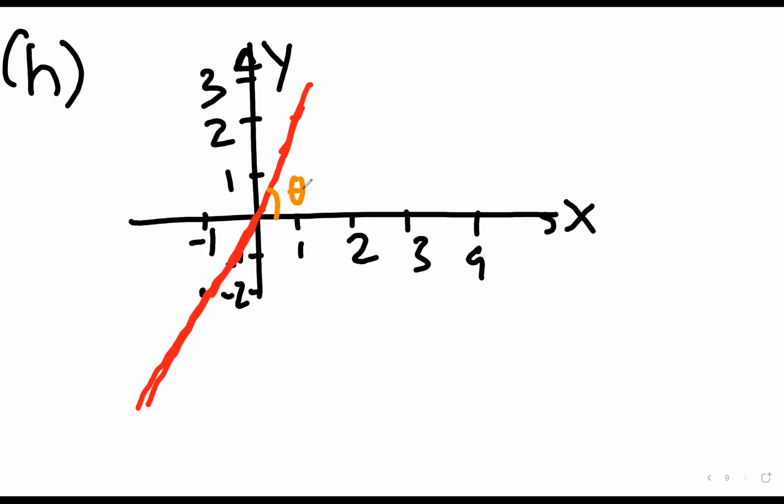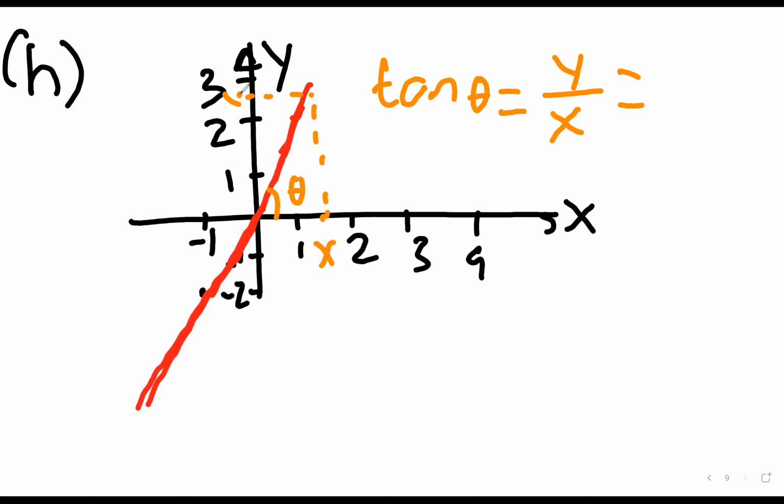So tangent theta is just the ratio of y over x, or delta y divided by delta x. If I have x here, then I have y here.